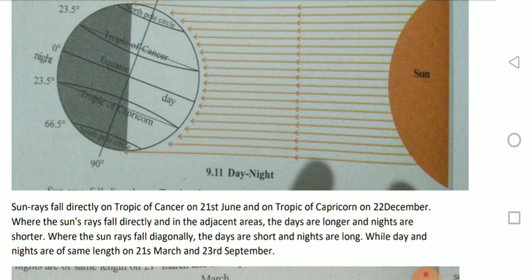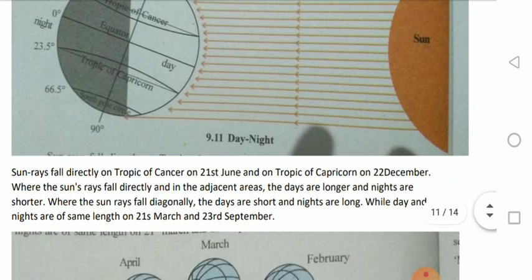Where the sun rays fall diagonally, the days are short and nights are long, while the day and nights are of the same length on 21st March and 23rd September. Which dates? Day and night are the same on 21st March and 23rd September.